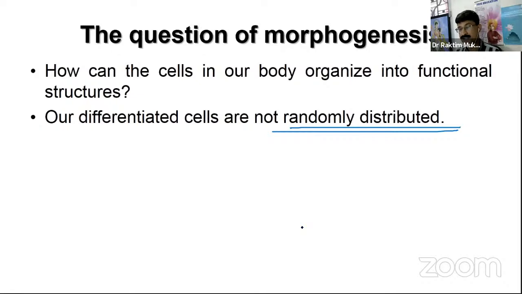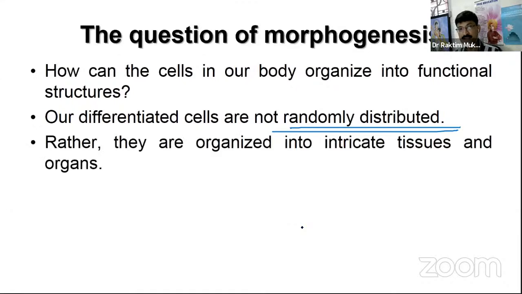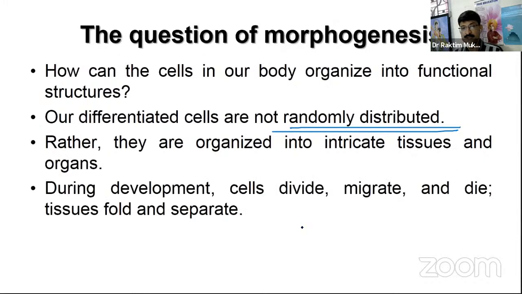So during development, the cells divide, migrate, and die, and the tissues will fold and separate. And based on that, they are organized into intricate tissues and organs. So that was about morphogenesis.